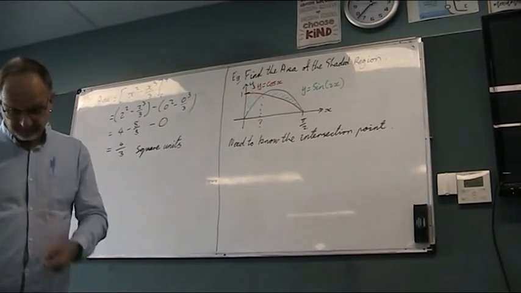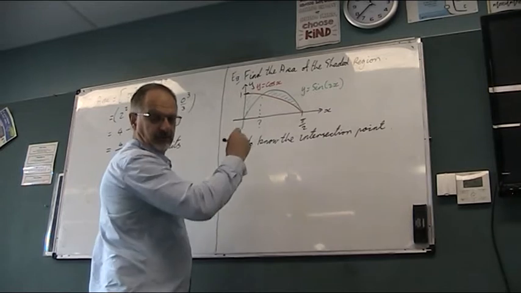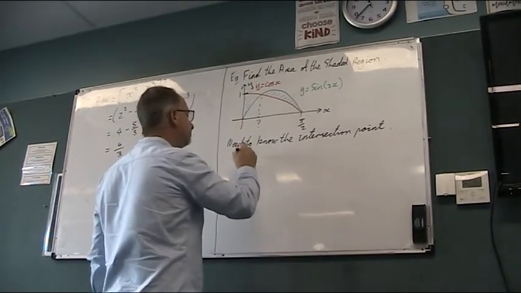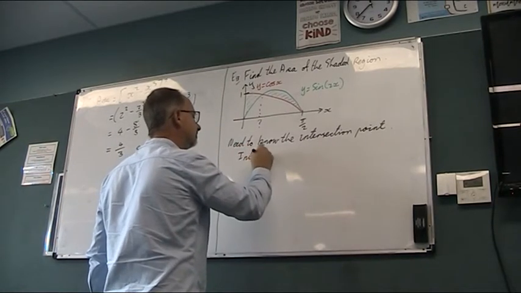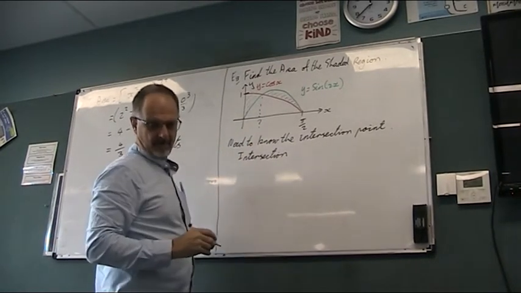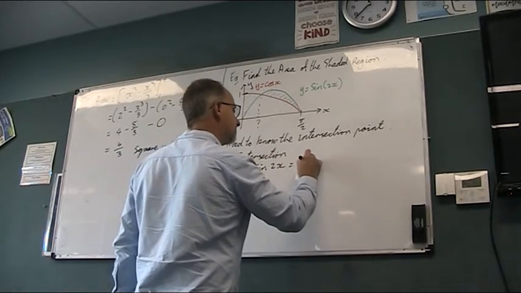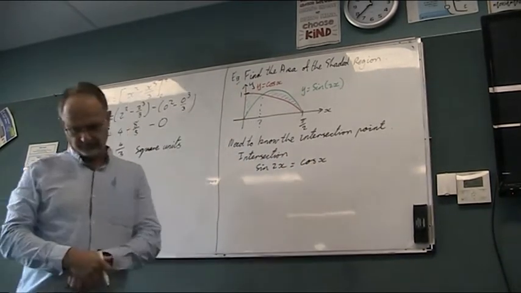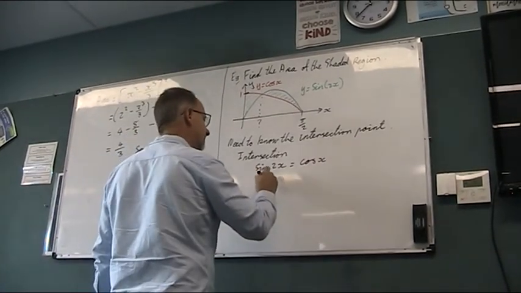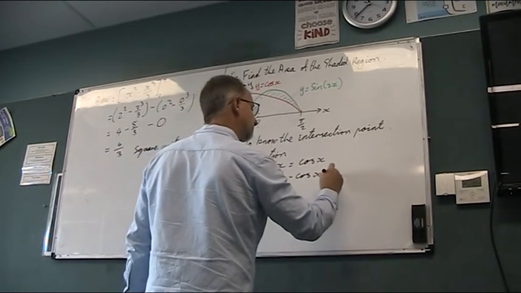The intersection point is when sine 2x equals cos x. Bring the cos across, so sine 2x minus cos x equals 0.